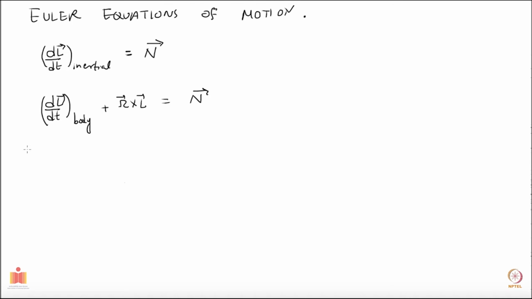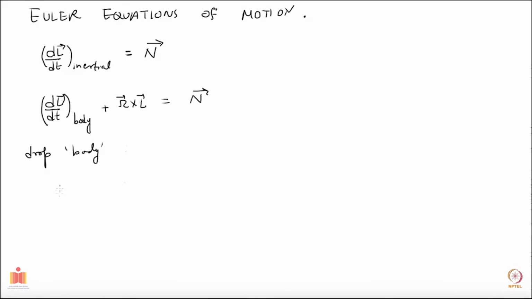Now I'll drop the reference to body frame. It will be understood that I'm working in the body frame. And I write down the components of this equation. So these are three equations. Let me look at the ith component of this equation.